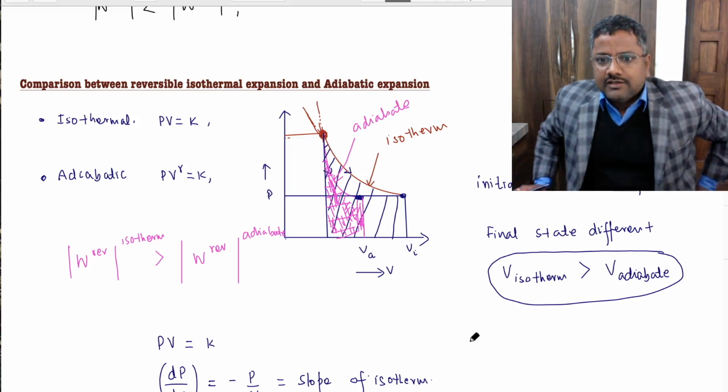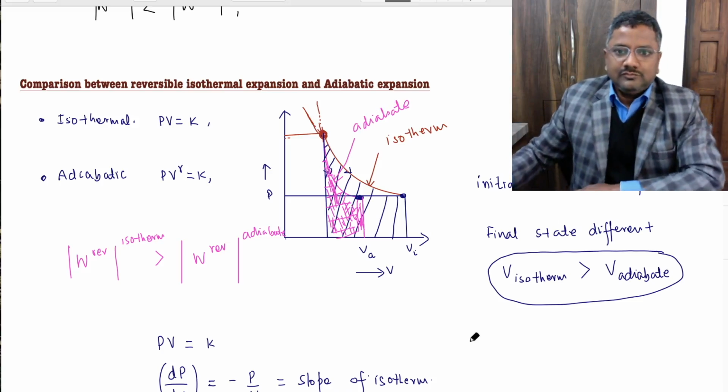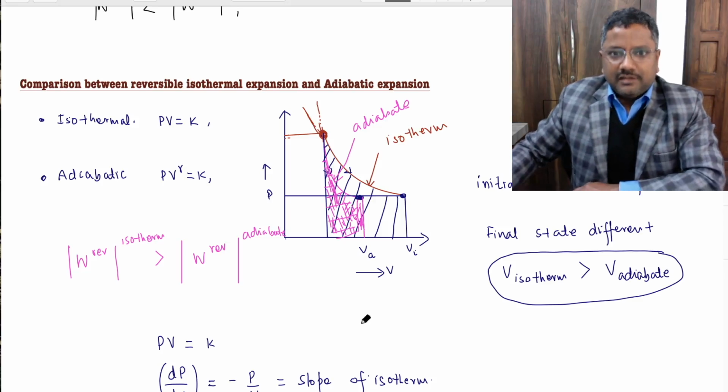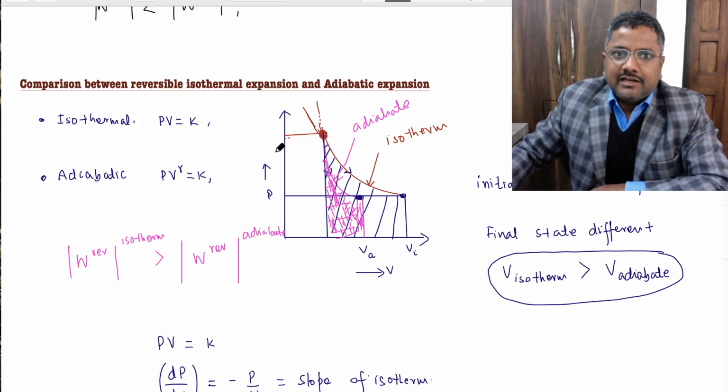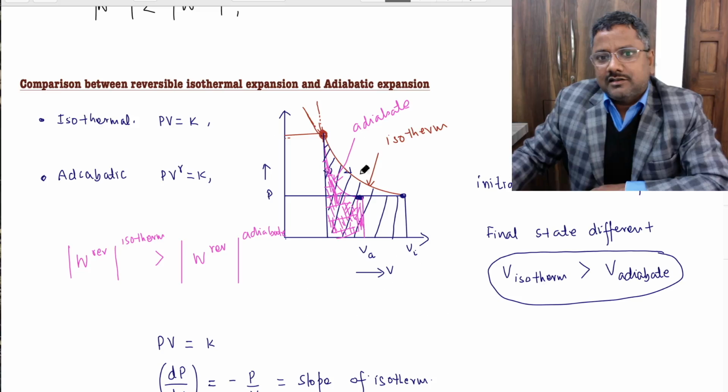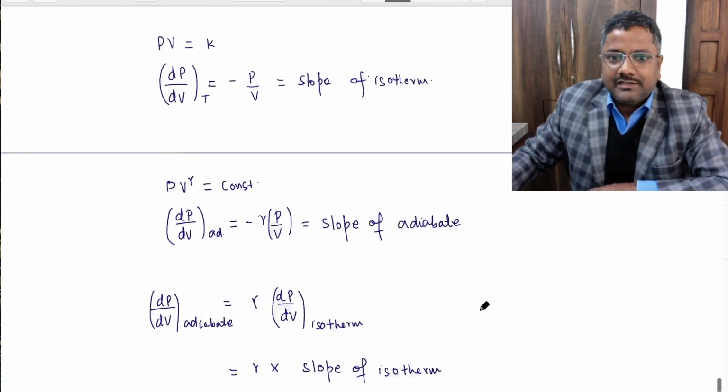In this way you can compare the expansion work for any ideal gas in isothermal and adiabatic expansion, and you can compare the slope as well.